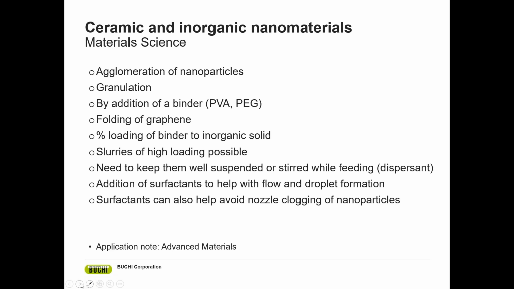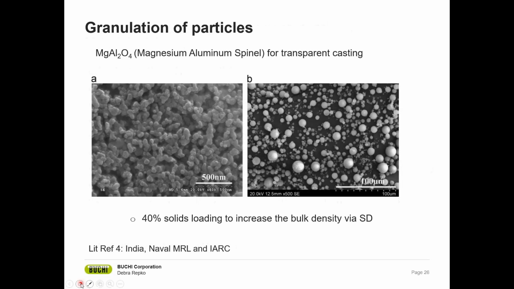So let's get into a couple of examples here. This is an example of granulation, whereby they were taking magnesium aluminum spinel and they were making transparent parts through casting.